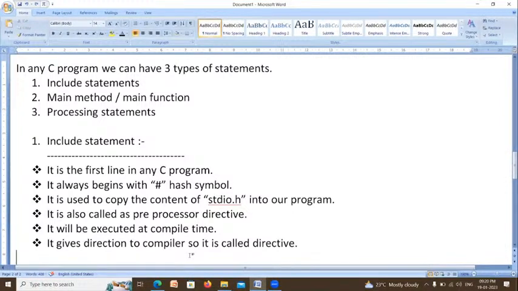It always begins with a hash symbol. It is used to copy the code of stdio.h into your program. It is also called a preprocessor directive. It executes at the time of compilation. It gives direction to the compiler.